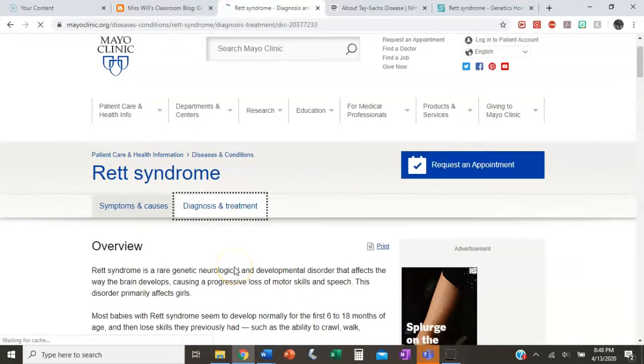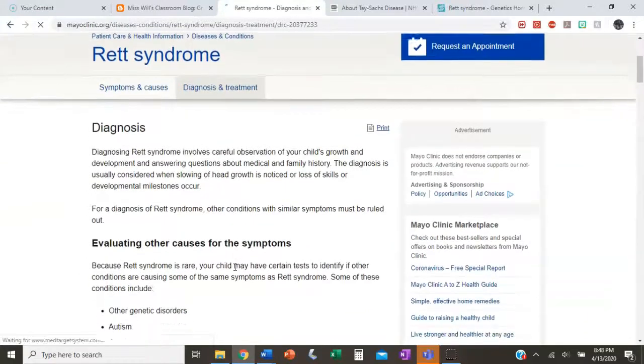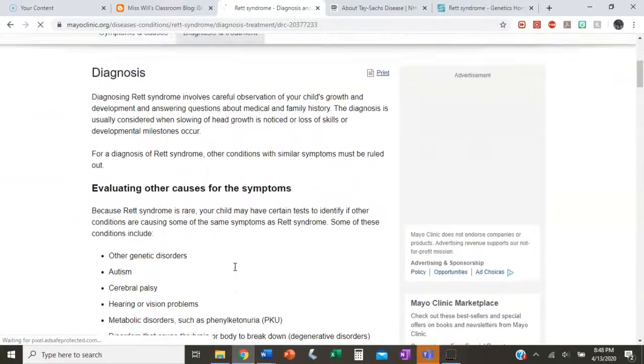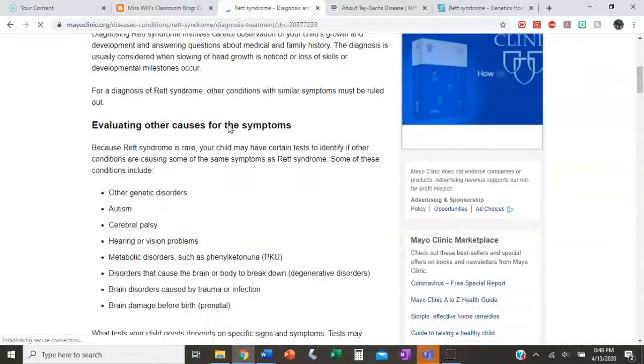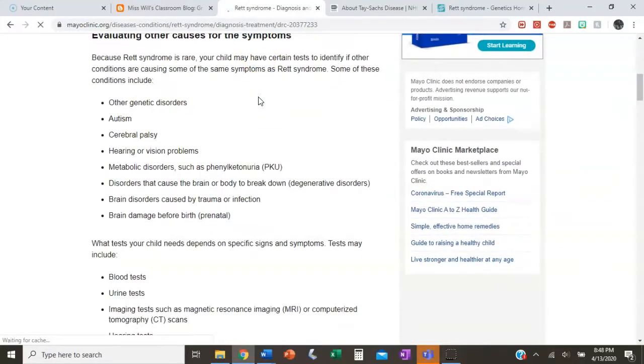So this particular part of your report is going to be on diagnosis, and so you can see here that Rett syndrome, they diagnose it through observation of the child's growth, and then they also rule out other possible conditions.